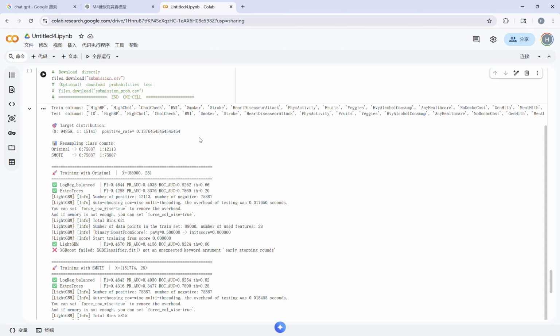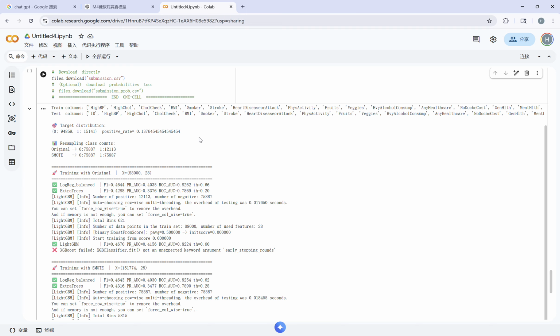For example, a model that predicts no diabetes for everyone might still achieve a seemingly decent accuracy simply because most people are in class 0. So instead of relying on accuracy, we evaluate performance using metrics that better reflect real-world usefulness under imbalance, specifically ROC-AUC, PR-AUC, and F1 score. With that in mind, I will explain the end-to-end workflow.